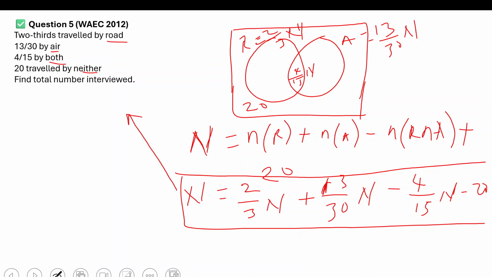Okay, so first of all, I will get the LCM of 3, 30, and 15. I'm going to work on this fractional part: 2 over 3 plus 13 over 30 minus 4 over 15, all n.